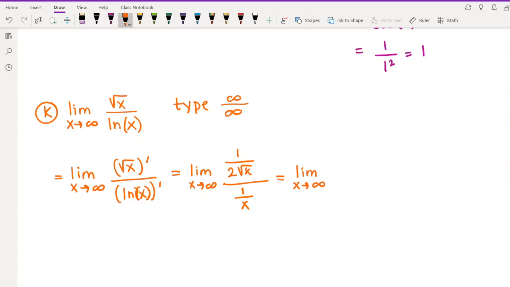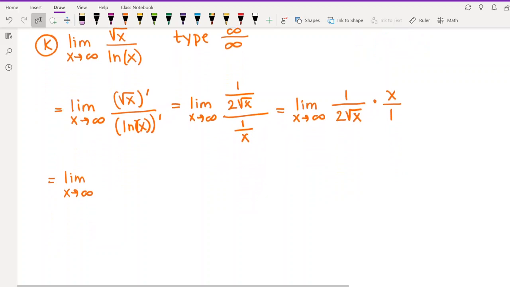Well, we can rewrite this as 1 over 2 root x times x over 1. So that's going to be the limit as x approaches infinity of x over 2 root x.